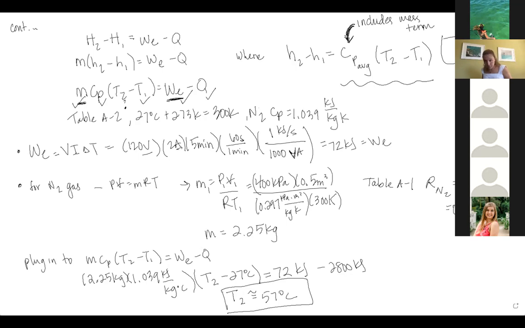So in the beginning, when we said that Q was negative 2,800 kilojoules, we're not saying it's electrical work minus Q, right? If that makes any sense, it's still minus 2,800.